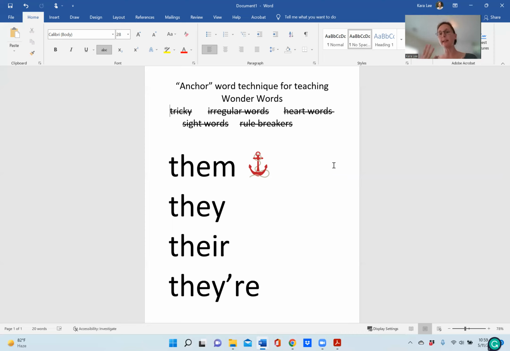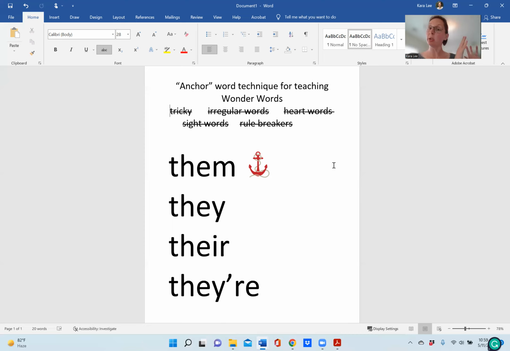Once that is established, you will then establish the meaningful connection to these other words. So how about they? Does they seem like it goes with or means kind of the same thing or a similar thing as them? For example, they will go to the movie tomorrow.